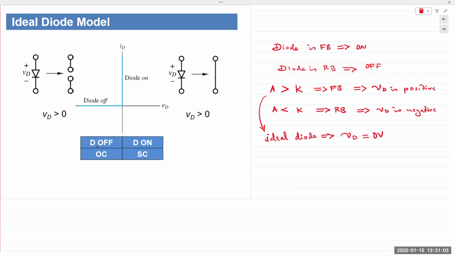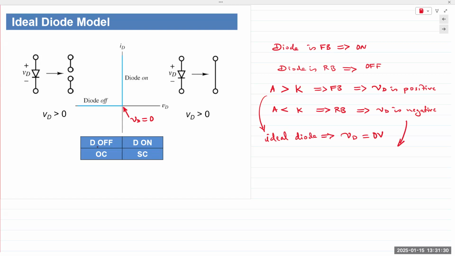So for an ideal diode model, VD in forward bias is zero. In reverse bias, meaning when the cathode is higher than the anode, VD must end up negative. If your assumption is that the diode is off, then the VD value must be negative.